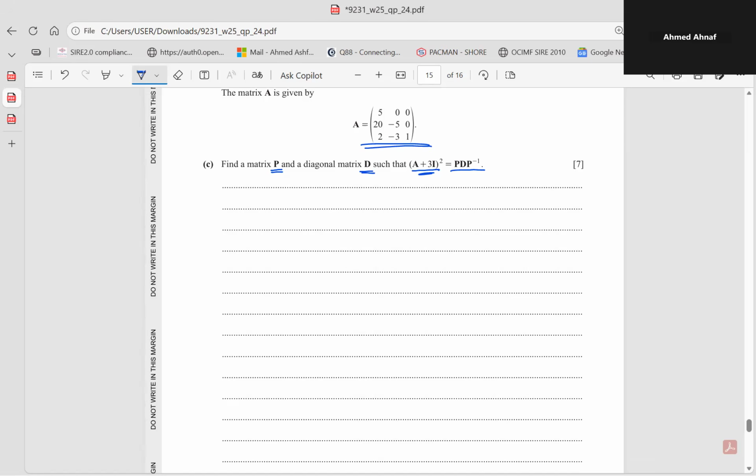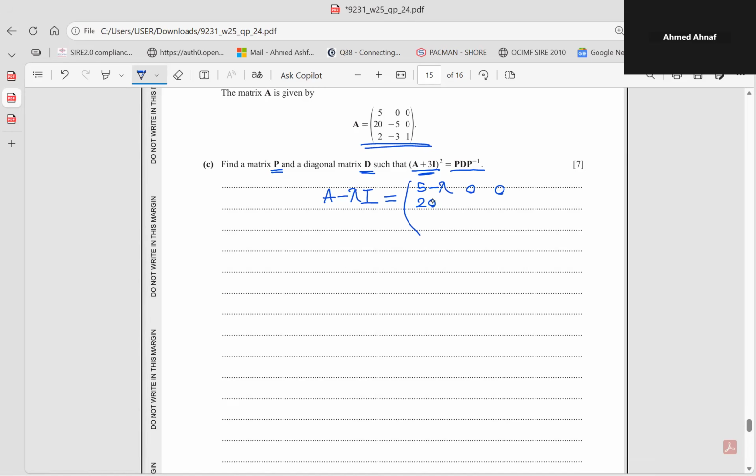So to find that, we have to find A minus lambda I. Doing that gives 5 minus lambda, 0, 0, 20, minus 5 minus lambda, 0, 2, minus 3, 1 minus lambda.